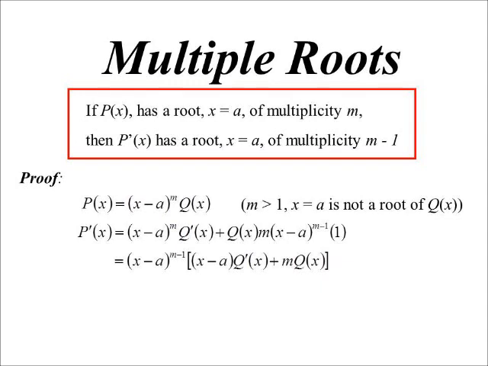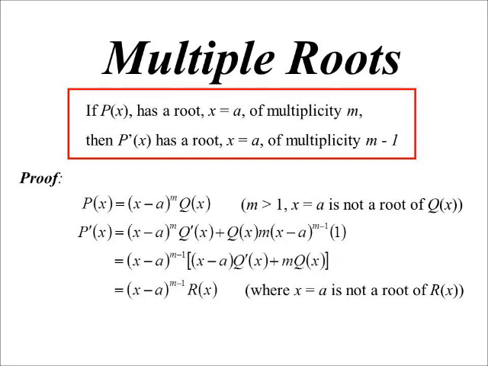Because what we're saying is, if the original polynomial has a root of multiplicity m, so there'll be a factor of x minus a to the power of m, then the derivative will have a factor of x minus a to the m minus 1, which we've just proven, because in that second brackets there, whilst I don't know what q(x) and q dash x are, I know they're polynomials. So it is going to be x minus a to the power of m minus 1 times some polynomial.